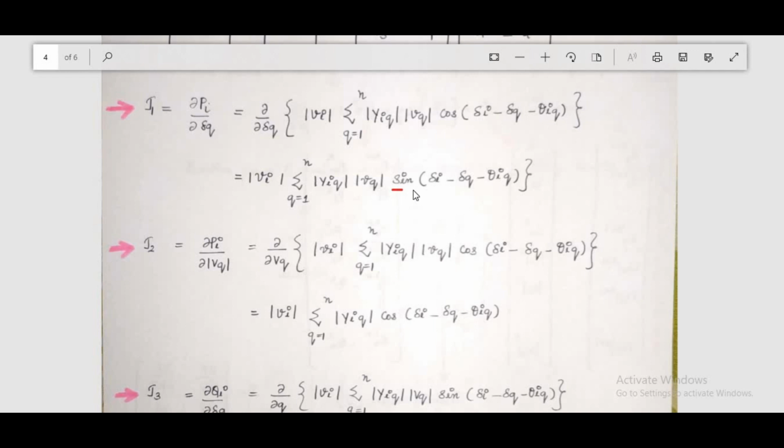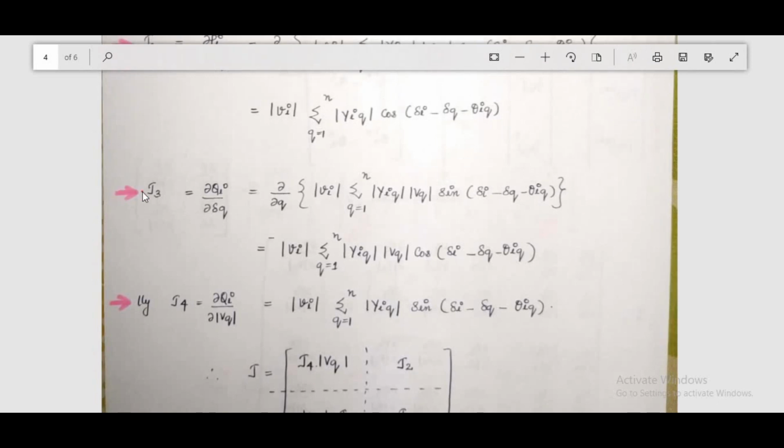You'll be getting sine of that particular value. You can just differentiate and see to it. Okay. And our second element was differentiating this active power with respect to voltage. That means we are going to differentiate this equation with respect to voltage VQ. With respect to VQ, you are going to differentiate. So this will be your equation.